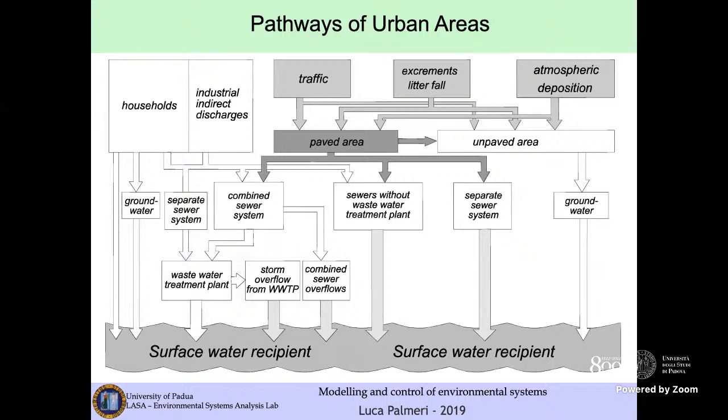This is just a picture to show you how sophisticated or complex the model is. For example, you have effects due to household or industrial indirect discharges, emissions due to traffic, and emissions due to litter fall or atmospheric deposition. All these combine to produce a load to paved and unpaved areas.